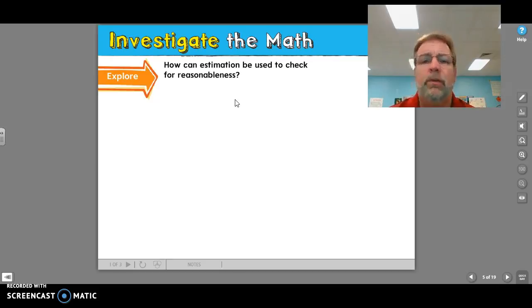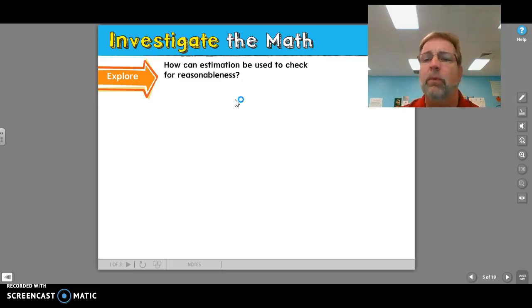Well, I hope you thought about that, well, estimation would be a quick way to see if my answer is reasonable, because when I estimate, I notice that I end up with lots of zeros, and zeros are easy to add and subtract, so I can almost probably do this mentally to see if my exact answer is close to my estimate.